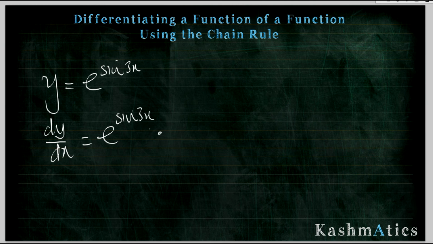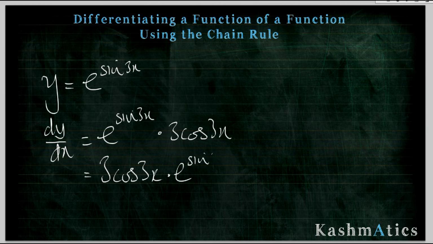Now if you remember from the last video, sine 3x will become 3 cos 3x. So overall, my derivative is 3 cos 3x multiplied by e to the sine 3x. Okay, so I've just done that again by inspection. The function here, sine 3x, is a bit trickier because you've got a function inside the function over there as well. But it's one that you should be used to from before.